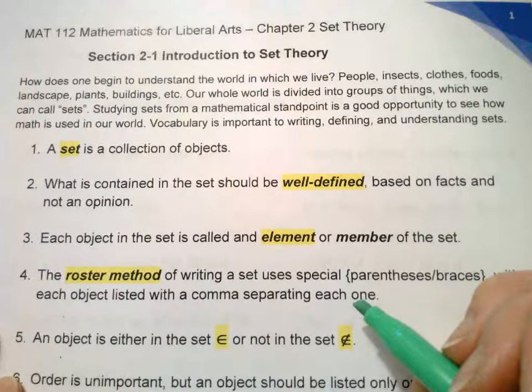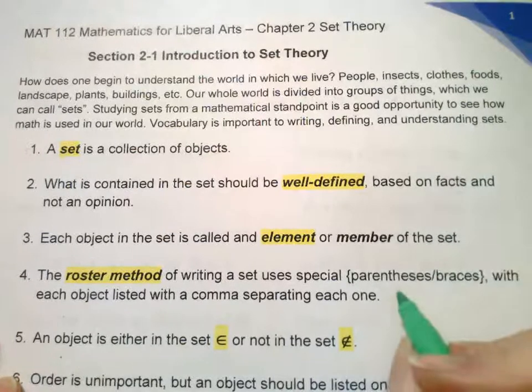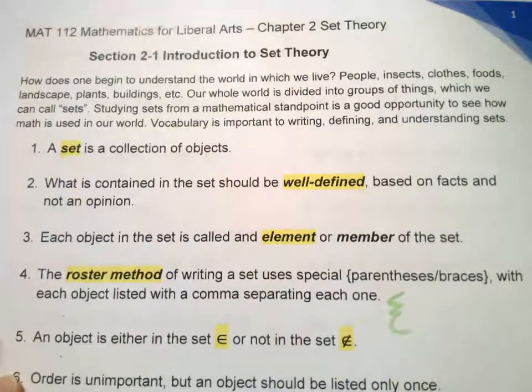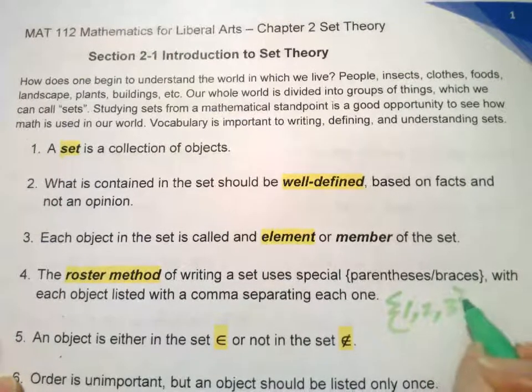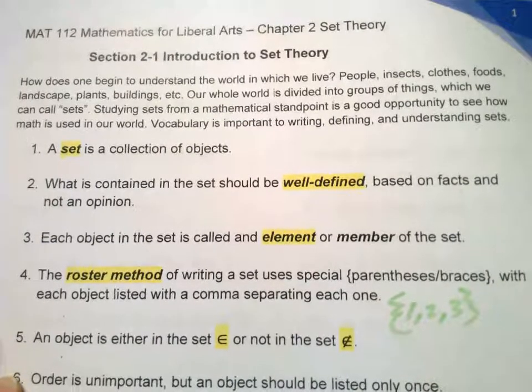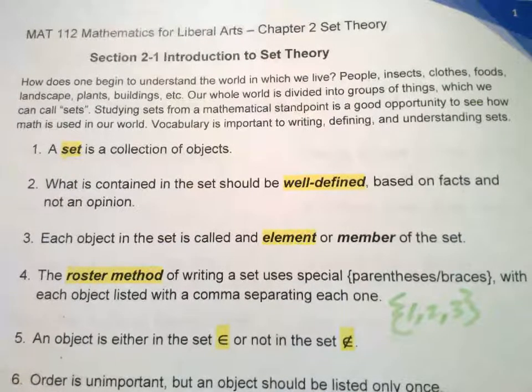Number 3, it said each object in the set is called a member of the set or also an element. The roster method of writing a set uses braces. Some people call that set notation. If it's like 1, 2, 3, so maybe this set are the numbers equal to or less than 3, not including 0, that kind of thing. 1 is an element or a member of the set.